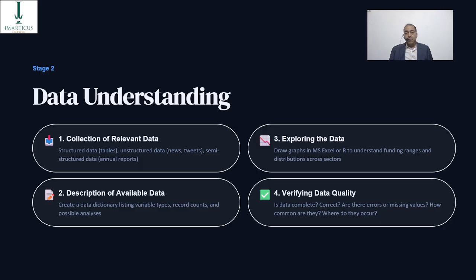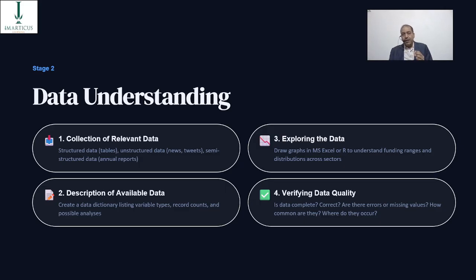So here we will go for 4 steps to understand the data. So what are the 4 steps? Collection of relevant data, description of available data, exploring the data, and verifying the data quality. So collection of relevant data means what?